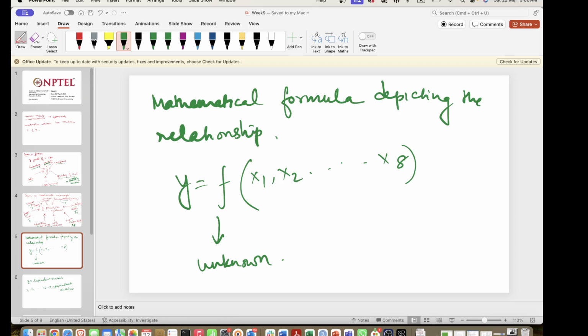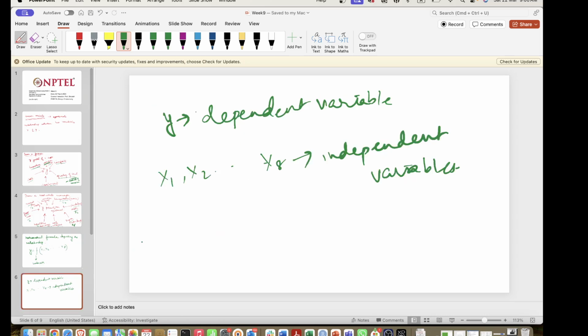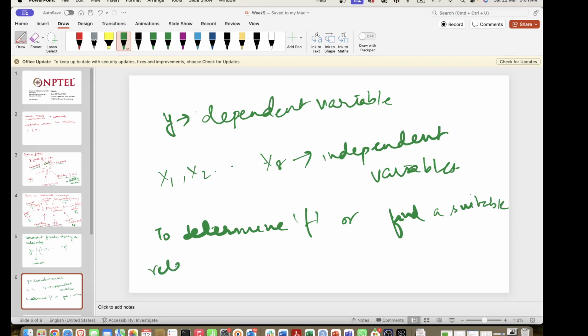Okay, so the task at hand is to determine f, or find a suitable relationship between y and x's.